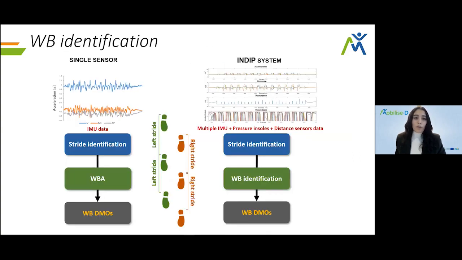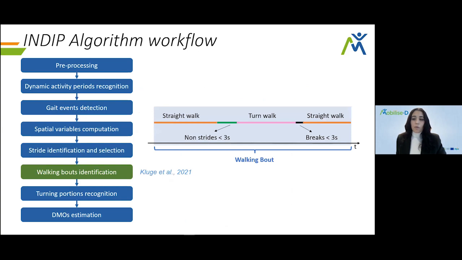Now we have all the strides, and it's possible to identify the walking bouts. And so for the INDIP, this process starts from the strides detected with the right and left foot, and we combine them in sequences separated by short pauses, lower than 3 seconds.